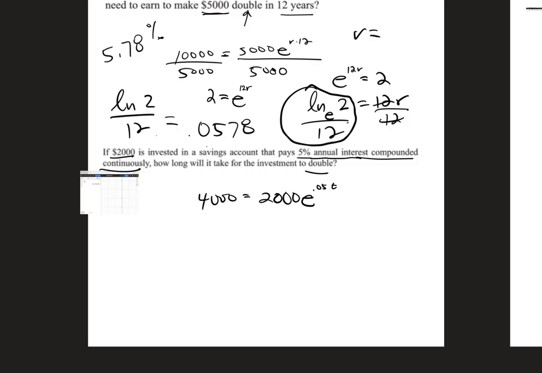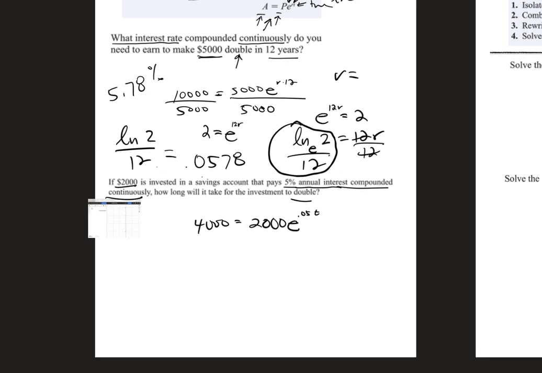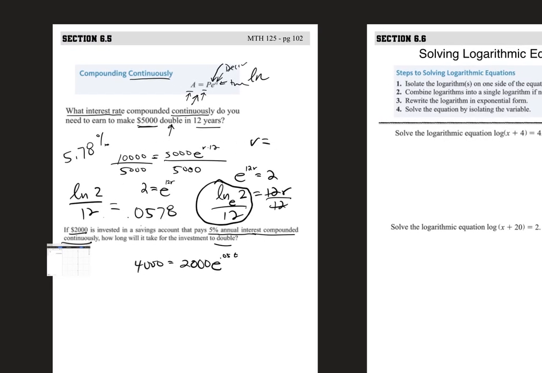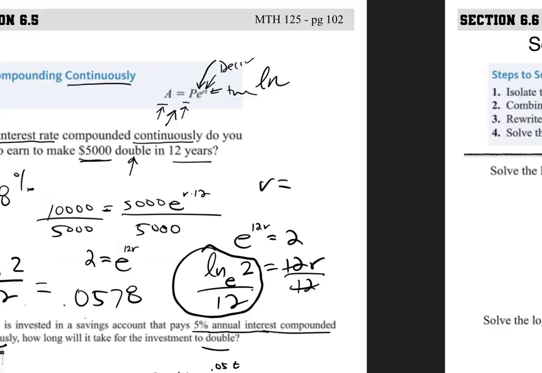I'm going to let you finish this out because the process is almost exactly like what we just did. And you want to definitely get good at this and understand that the difference between that last formula and this formula is how many times it's compounded. If they give you a number, then you know that you use the simple compound formula. And if it's continuously, you use the formula that has E.